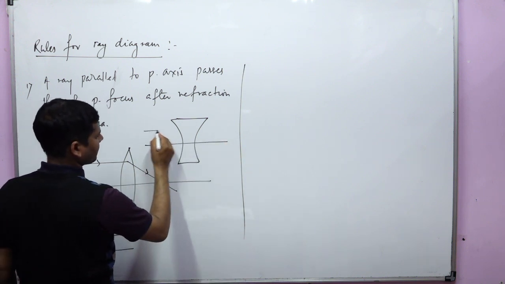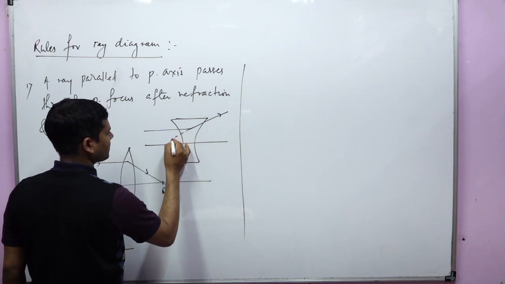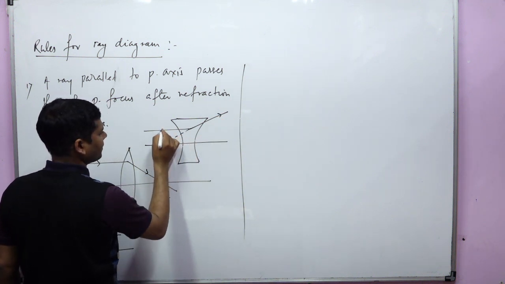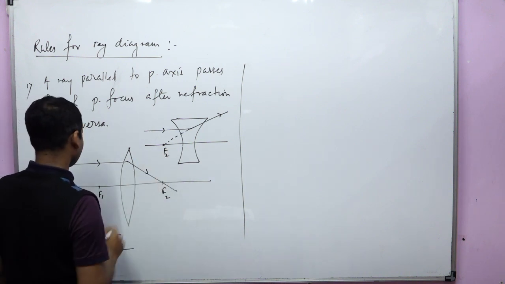If the rays are parallel, they will diverge, but if you extend them backward, they will pass through the principal focus.